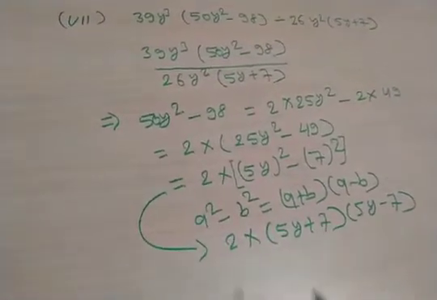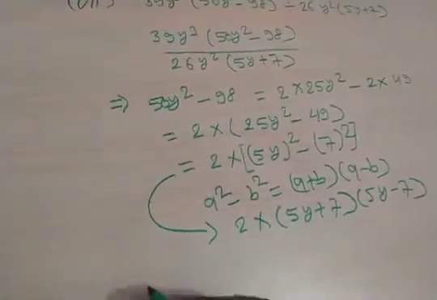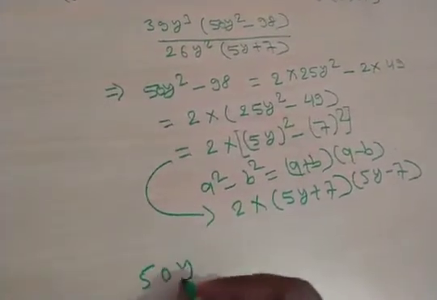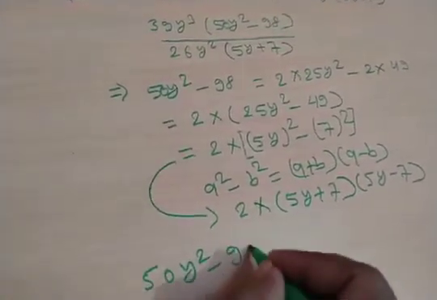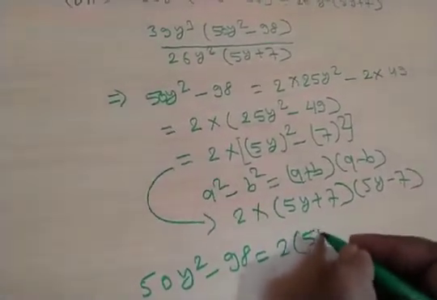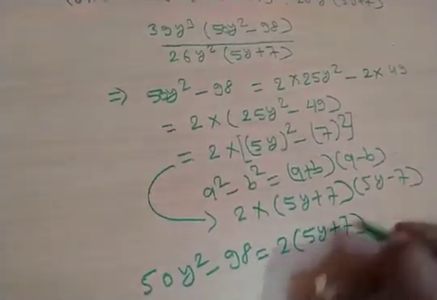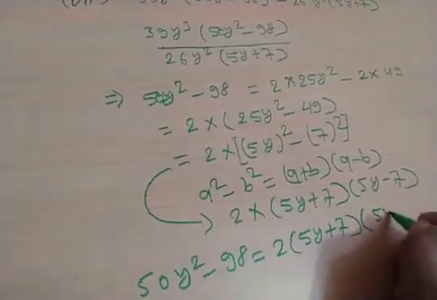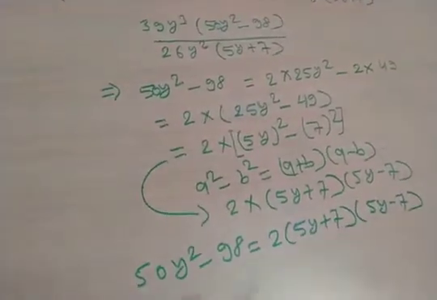So student, now this is the factorization of 50y square minus 98, which is equal to 2 into 5y plus 7 into 5y minus 7. Clear?